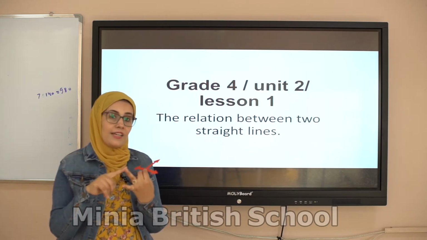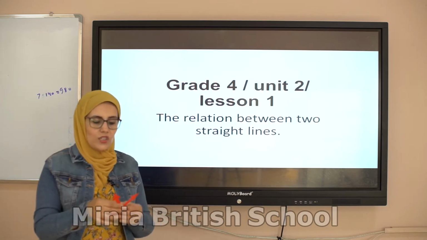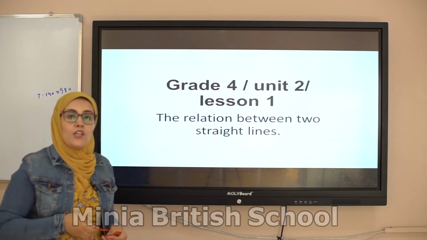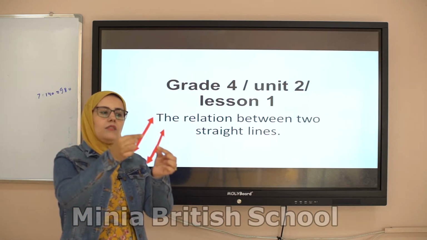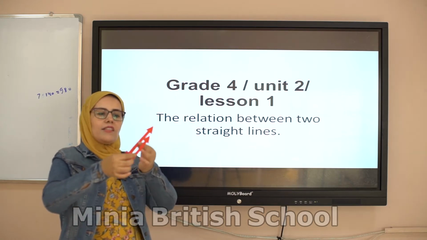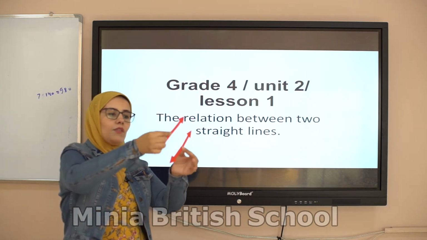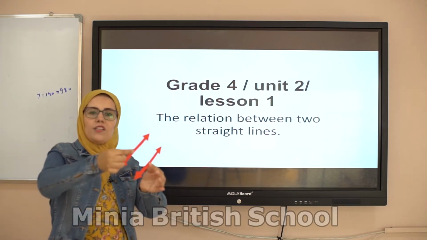So the first case is called intersecting. The second case is called perpendicular. What about the third case? The third case is when we have 2 straight lines like this, they never meet. This is extended in both sides and this is extended in both sides, but they are like this. They never meet.